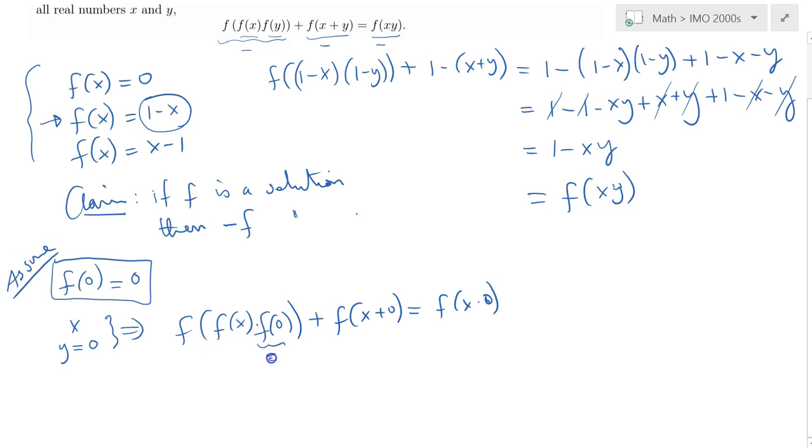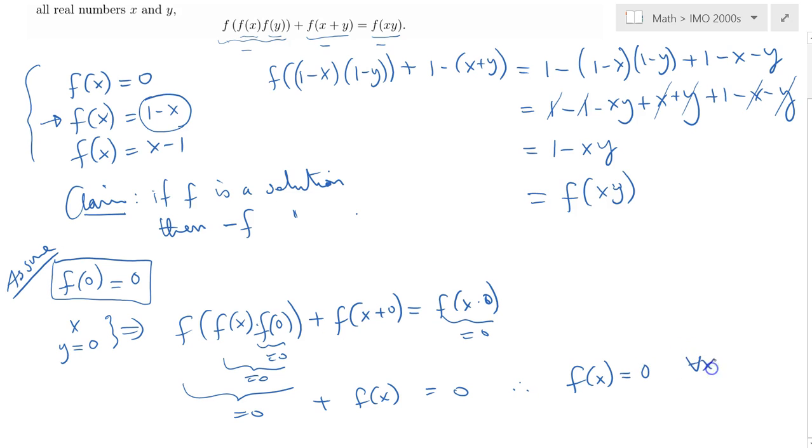So this thing is 0, implying this whole thing is 0, plus we have f of x here, and that's simply equal to f of 0, but f of 0 is 0. So therefore, we have found that f of x equals 0 for all x is one of the solutions, when f of 0 is in fact equal to 0.